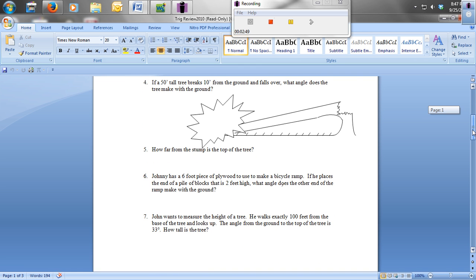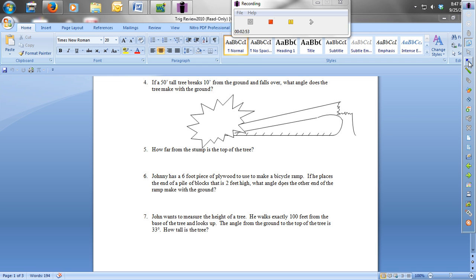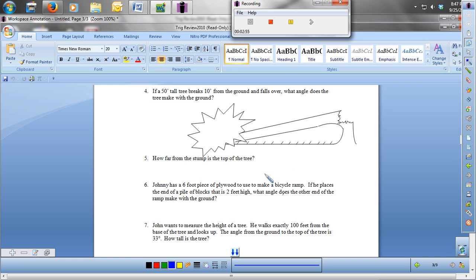I believe we're looking at this tree that falls down and breaks. So when it falls down and breaks, we know this is a 50-foot tree. Hypotenuse is 50 feet. We know that this is 10 feet high. Okay. And they're asking us to find this angle right there.